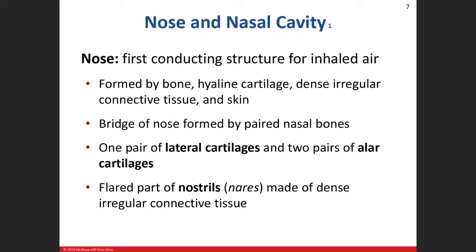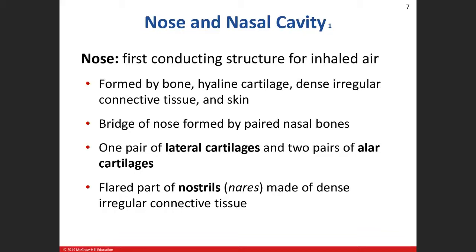Okay, let's start off here with the nose and the nasal cavity. Your nose, aside from the fact we learned in 210, is an organ, or I should say a structure, for olfaction, your ability to smell. But it's also another structure that allows an entryway for air into your respiratory system.